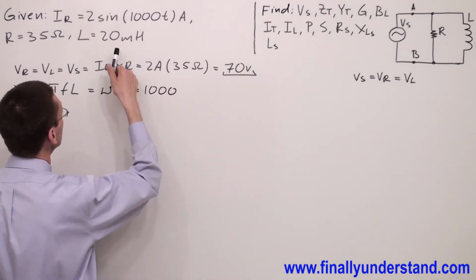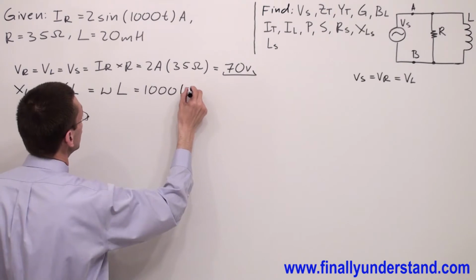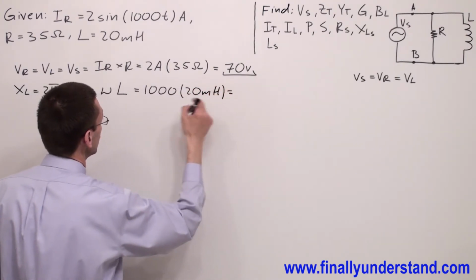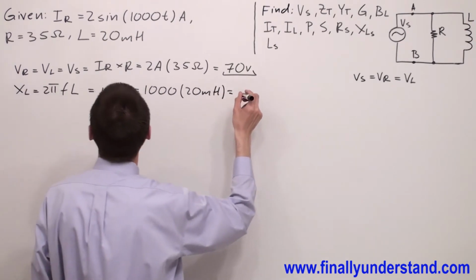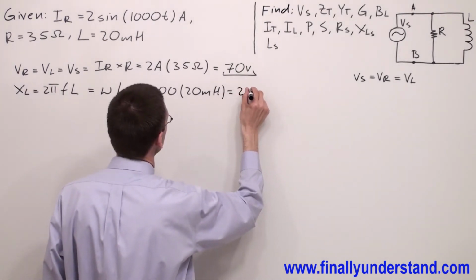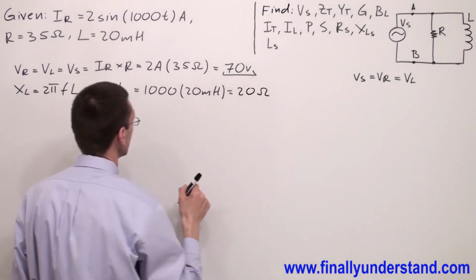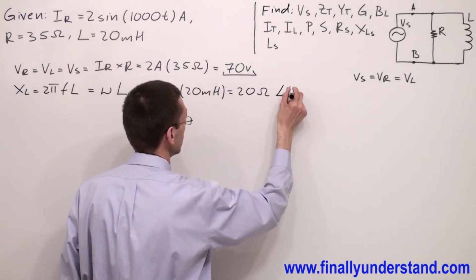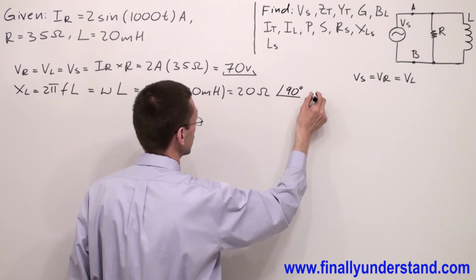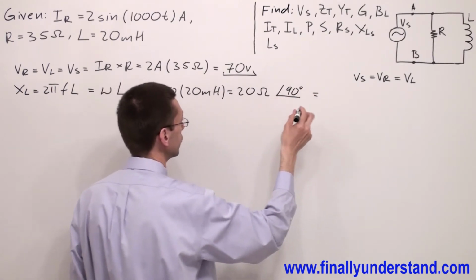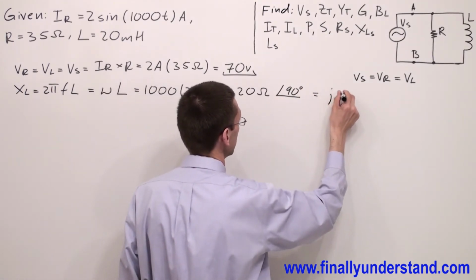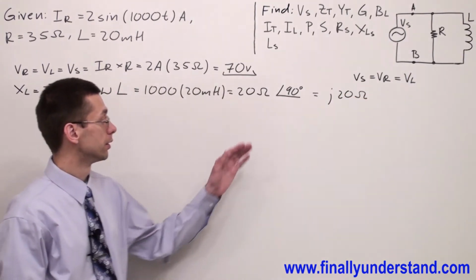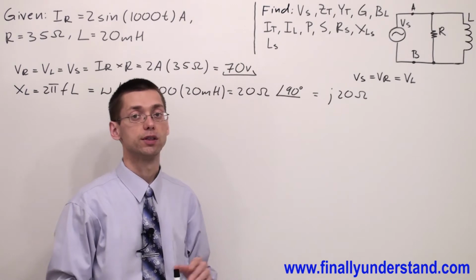L is equal to 200 millihenries. So X of L is equal to 20 ohms, and don't forget that we're supposed to always add an angle of 90 degrees. If you want to express this answer in rectangular form, you're supposed to write J 20 ohms. But we are going to deal most of the time with the polar form.